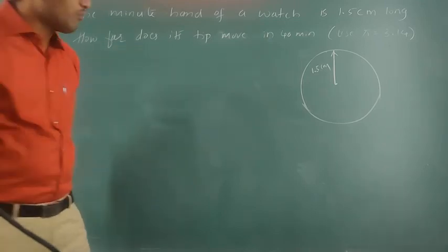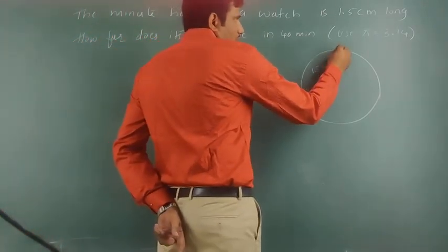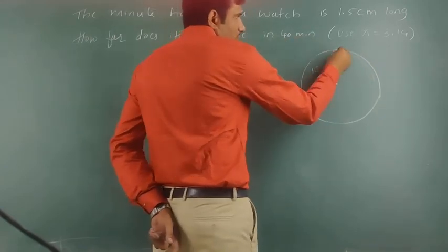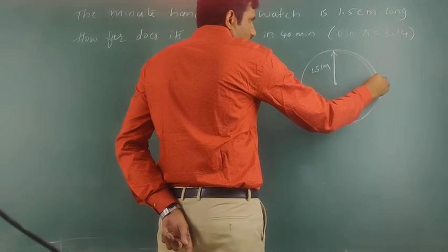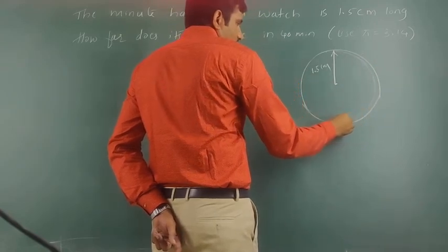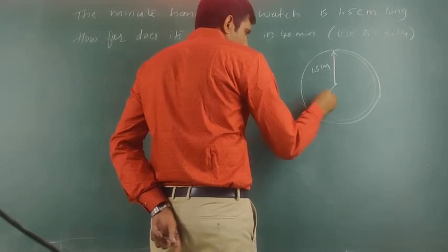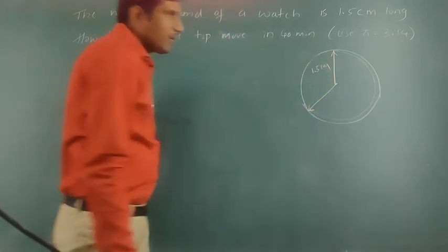So this is the tip, and it is moving like this. How far does its tip move in 40 minutes? This is 5 minutes, 10 minutes, 15, 20, 25, 30, 35, 40. After 40 minutes that tip will come here. Is it clear?